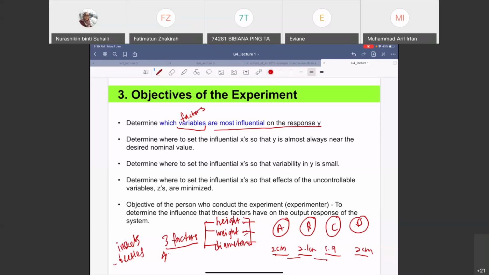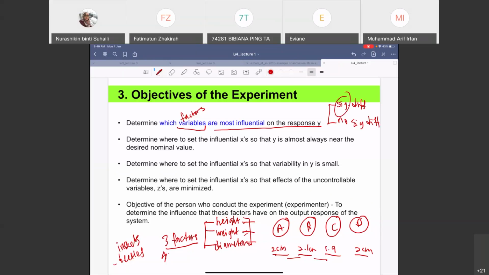So if you want to compare all, does that 0.1 make a significant change, a significant difference? So in statistics, when we say significant difference or no significant difference, there must be two outcomes. There must be two interpretations, whether the difference is significant or whether there is no significant difference.